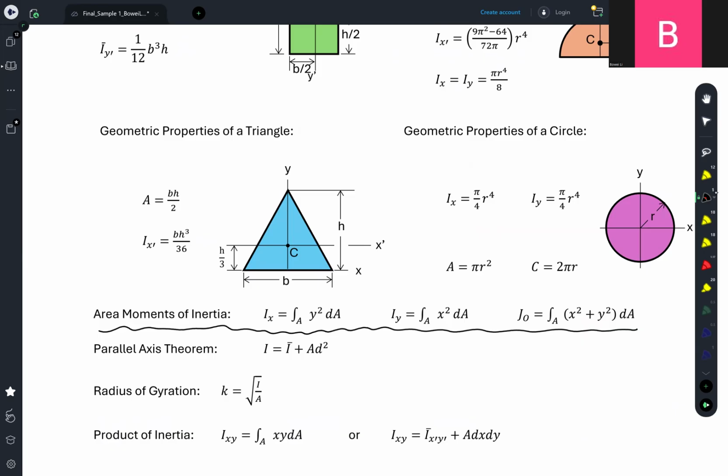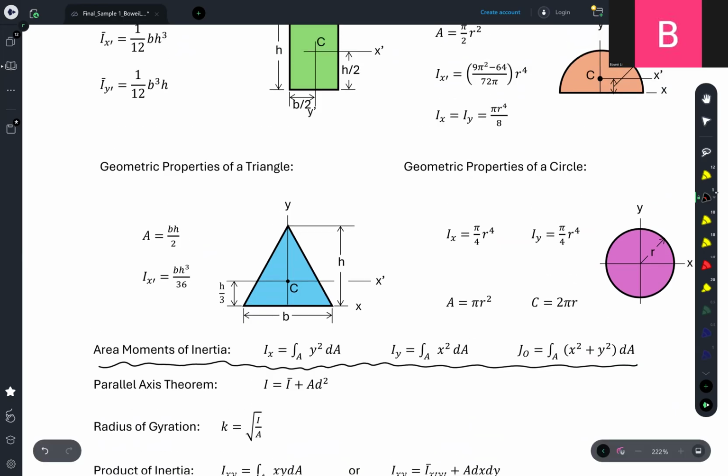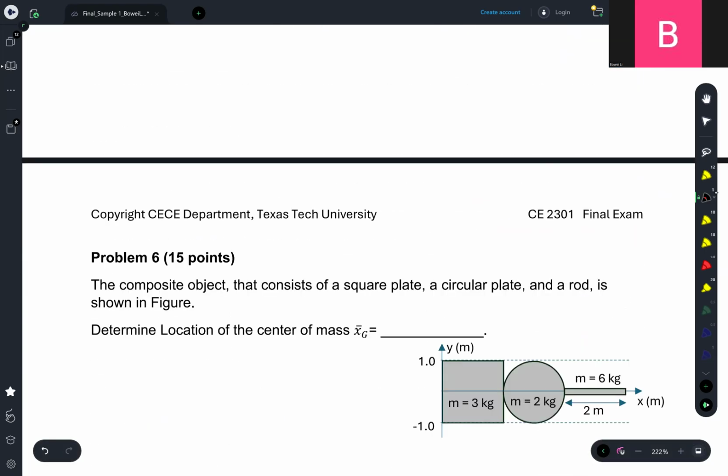Basically, it is the integration of the square of the coordinate. Now we're going to apply it.